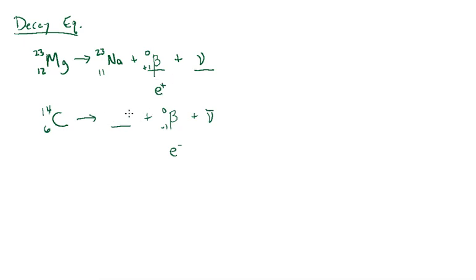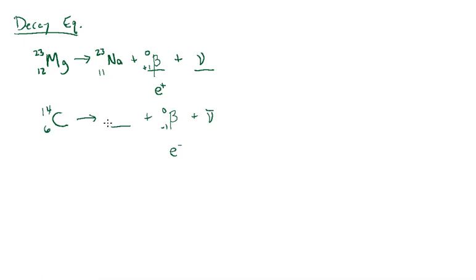And you'd have to figure out, well, what would go here? If you look at this, we lost a negative charge out of the nucleus. So if we lost a negative charge out of the nucleus, what would have to happen? Well, essentially we need something added into the nucleus that would cancel it out, because we can't really add a negative charge here. Or subtract a negative charge, I mean, from here, because there are no negative charges to subtract.